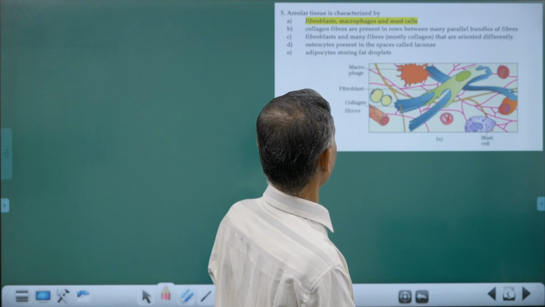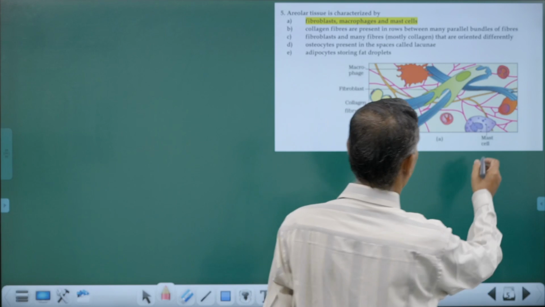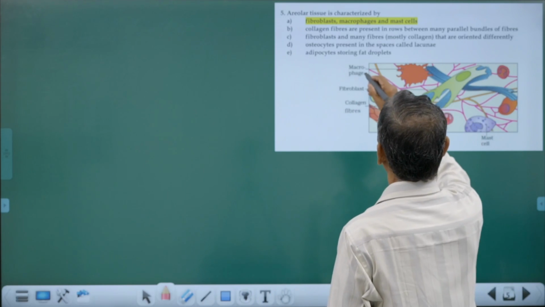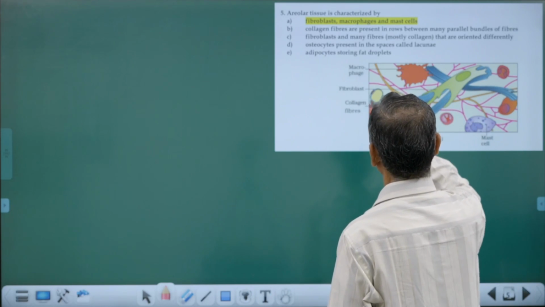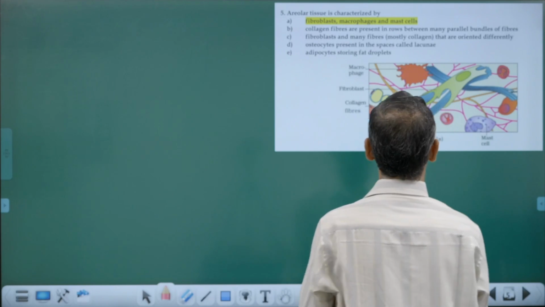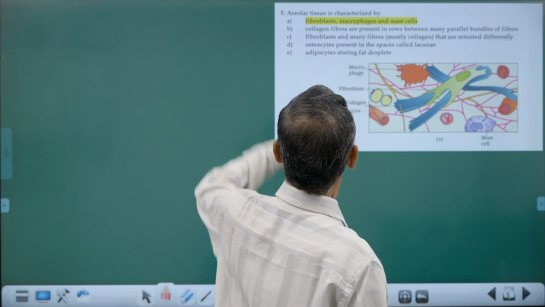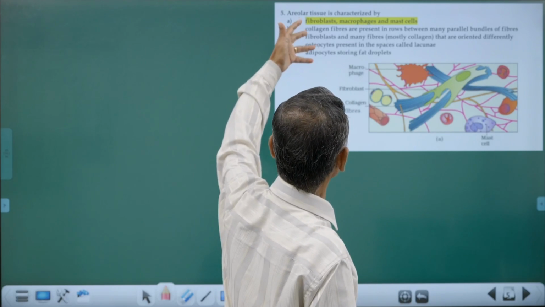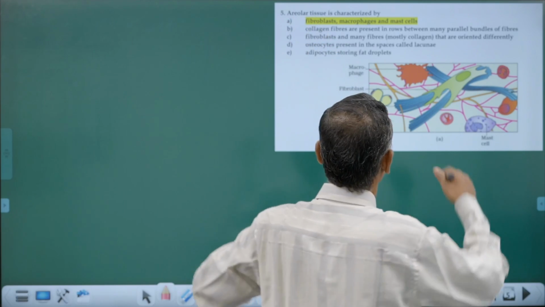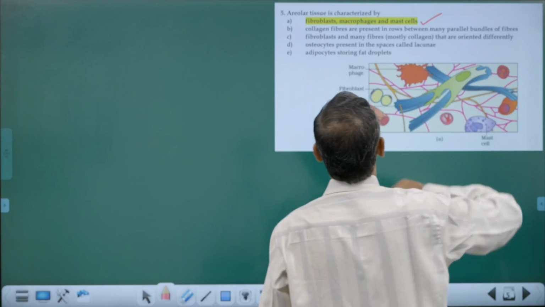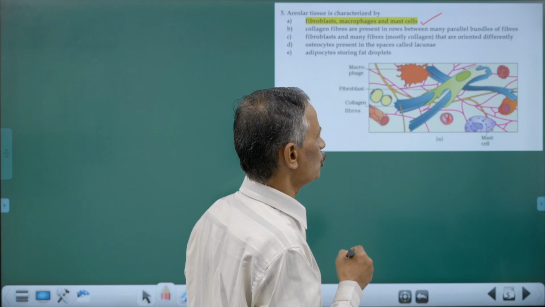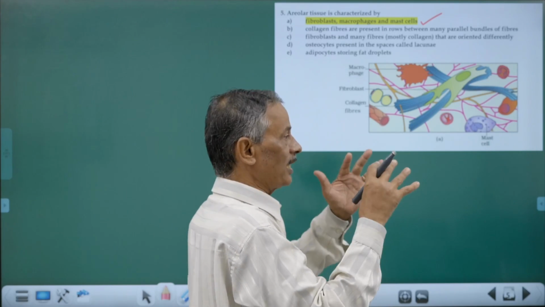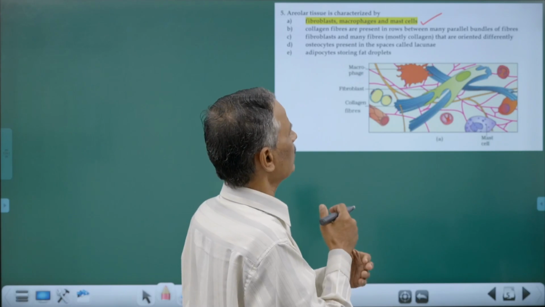Areolar tissue is characterized by, see, we are having mast cells, macrophagic cells, fibroblast cells, collagen fibers, elastin fibers, etc. An areolar connective tissue is used for packing, filling the spaces between other tissues.